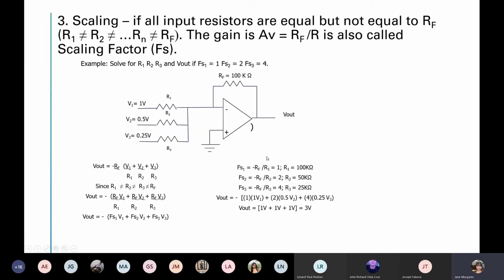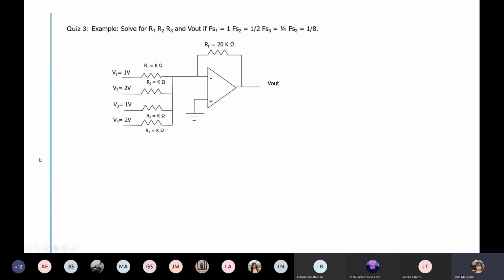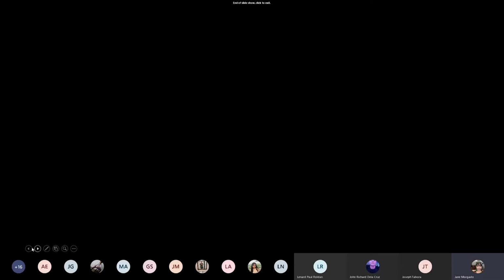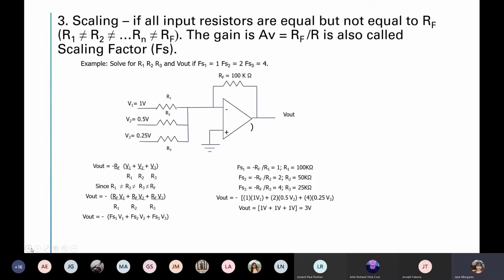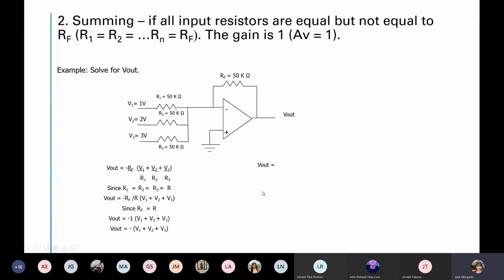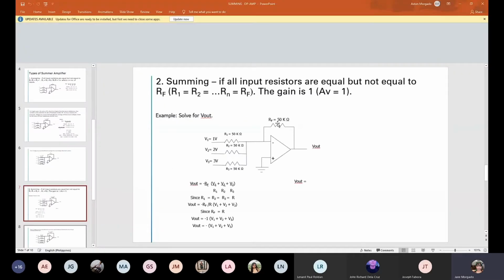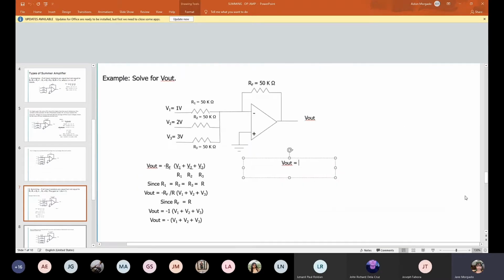Ayan, meron akong inopen dito. Okay. Ayan. So, anong gagawin natin? Anong sagot? Sagutan natin.